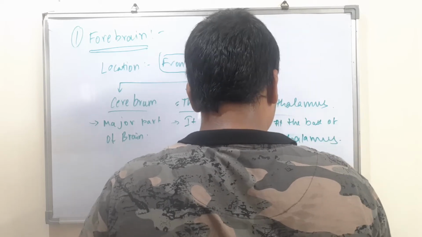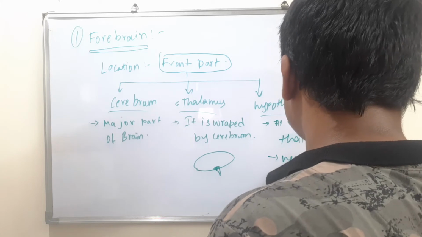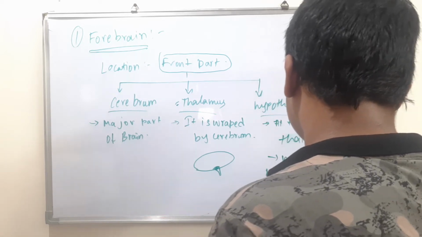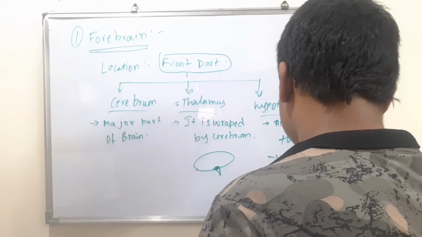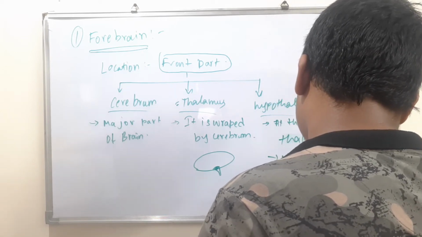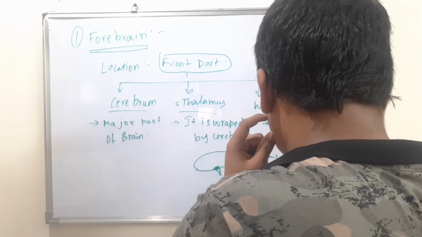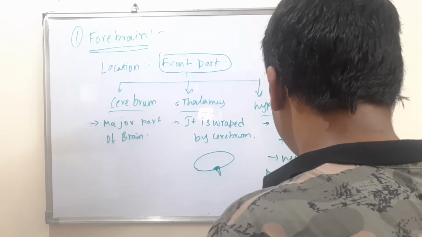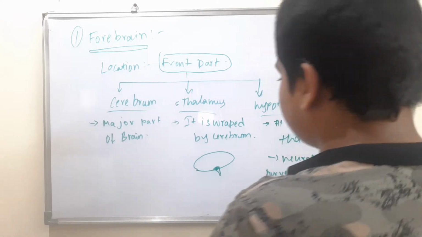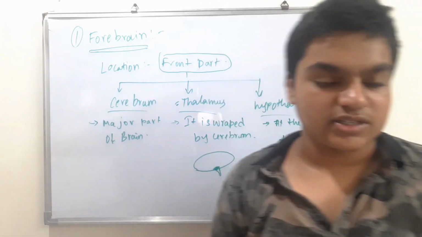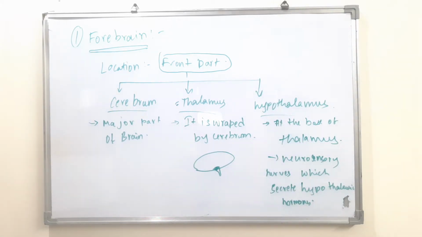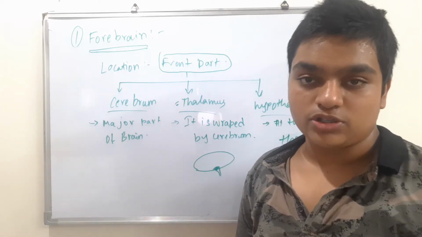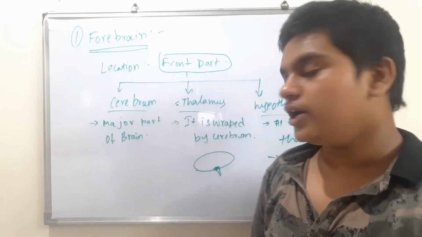At the base of the thalamus, it contains neurosensory nerves which secrete the hypothalamic hormones, and this hypothalamus has many functions in body regulations, in hormone releasing functions, etc. It controls and coordinates the brain to hormones and nerve impulses.